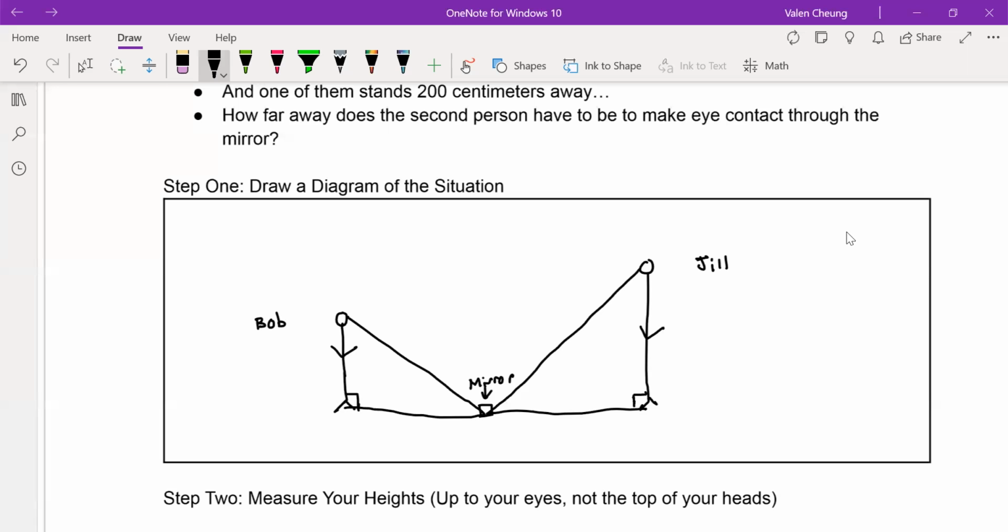Now, either Bob or Jill is going to be standing 200 centimeters away, so you're going to want to label that. So let's say you choose Bob as a person that's 200 centimeters away. And in this problem, you're trying to find this distance.